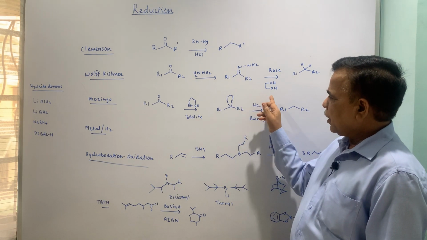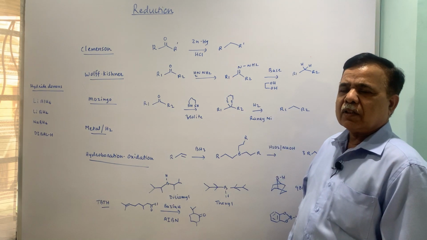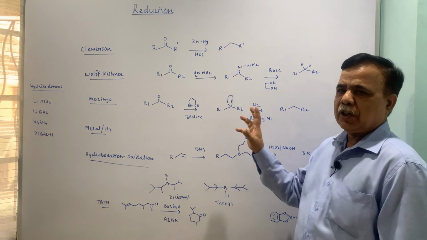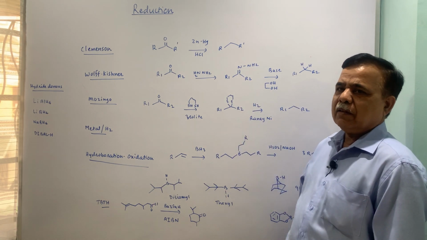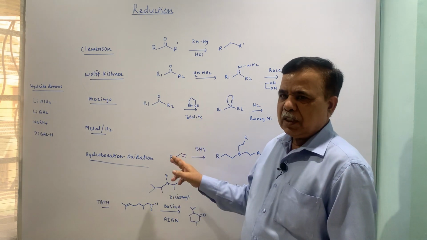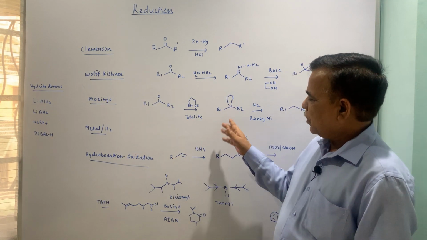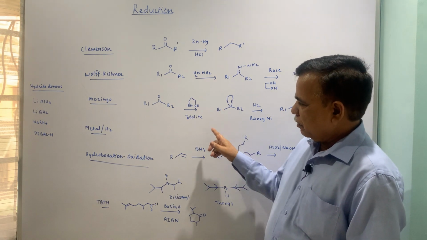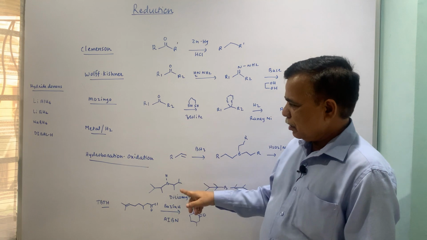Alternatively, if you treat it with cadmium nitrate or mercury chloride, you retain your carbonyl group. So this is one of the protections of the carbonyl group in organic synthesis. We'll come to all these reactions; wherever mechanisms are possible we'll put them, otherwise you'll have to just remember these reactions.